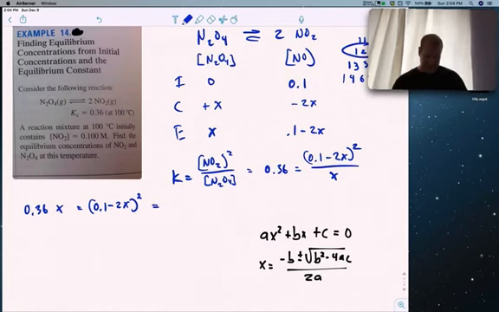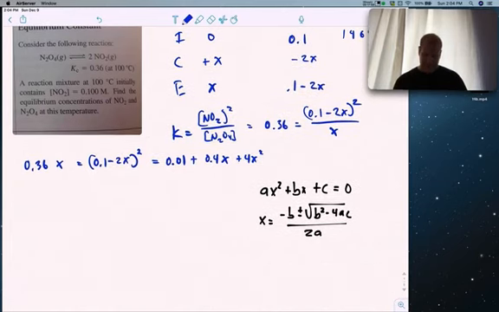So it's the first one squared, this is 0.01, plus 2 times the multiplication of these two. So it's going to be 0.4x, right? Because 0.1 times 2 is 0.2, and 2 times that is 0.4, plus 4x squared.